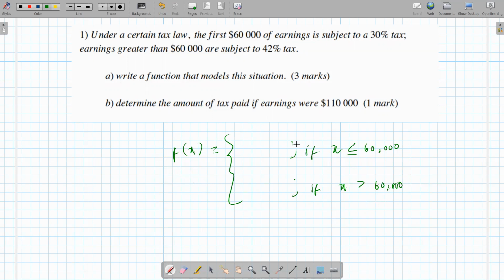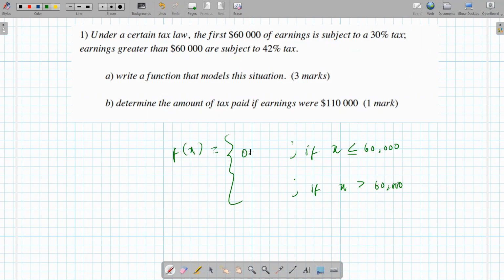All right, so if you're making less than or equal to 60,000, how much tax do you pay? 30%. So what would that be as an equation here? So the tax would be 30%. And how do we write that? Whatever the income is, you want to multiply that by 0.3.